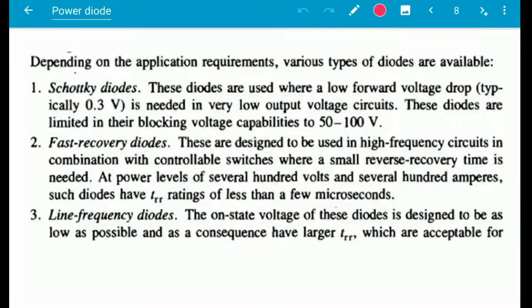So next thing is, what type of diodes are generally used? Not only p-n junction diodes exist, there are also Schottky diodes. Those are metal junction diodes.